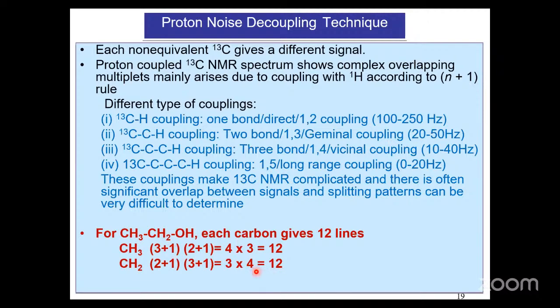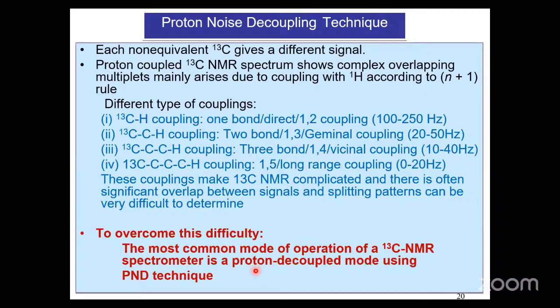So just imagine, for ethanol, which contains 2 carbons, you are getting 24 peaks in the proton coupled spectrum. So it is very necessary to have this proton noise decoupling technique, which we call the PND technique.